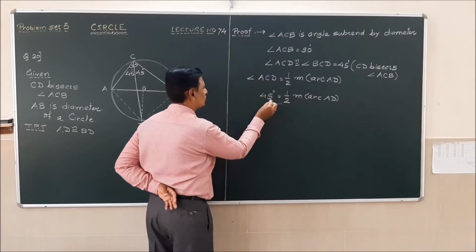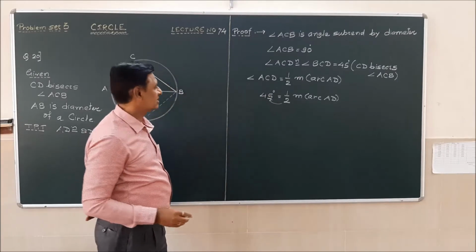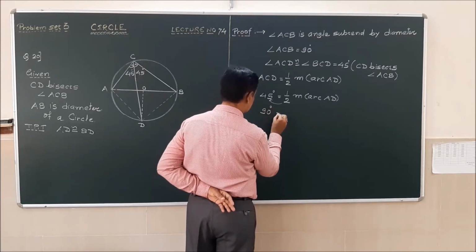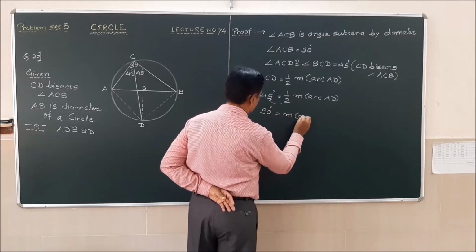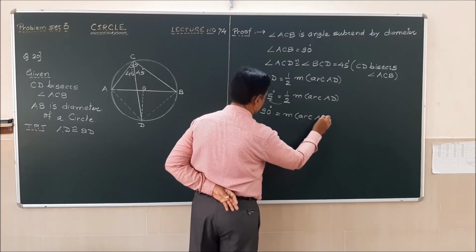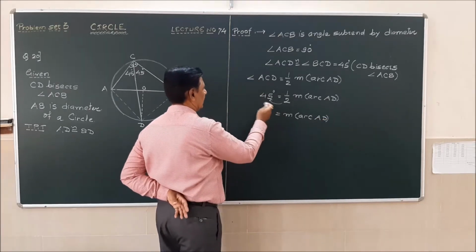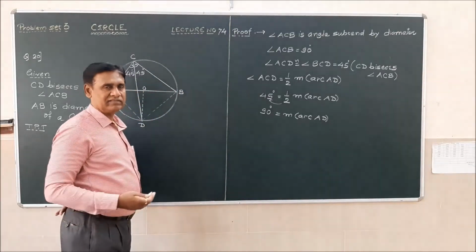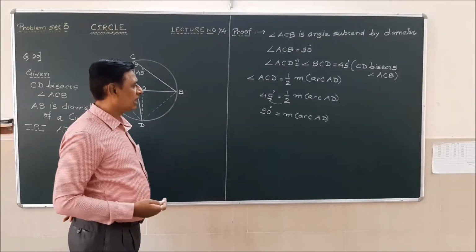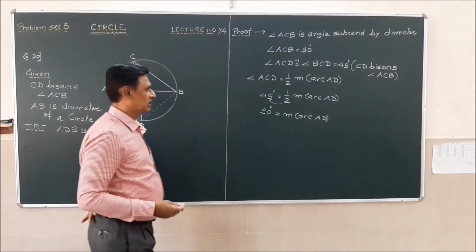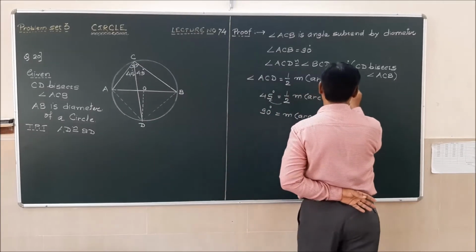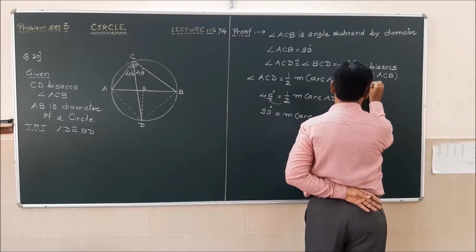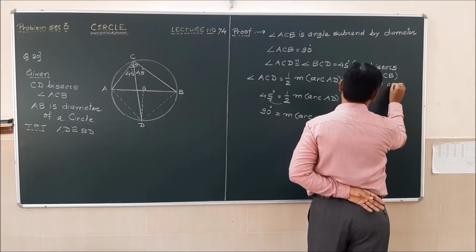If I transfer the 2 to the left hand side, I get 90 is equal to the measure of arc AD. The half goes to the left side for multiplication with 45 degrees, so 2 times 45 is 90. So the measure of arc AD is equal to 90. Here we must mention the reason: inscribed angle.